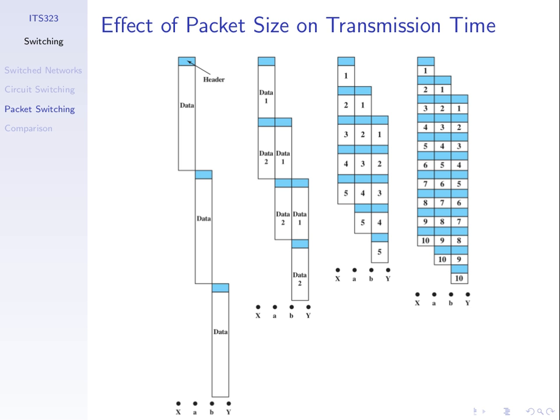And here would be 2,200. And then another 1,100. We'd receive at time 3,300. Again, 0 processing and queuing delay, 0 propagation delay in this example.